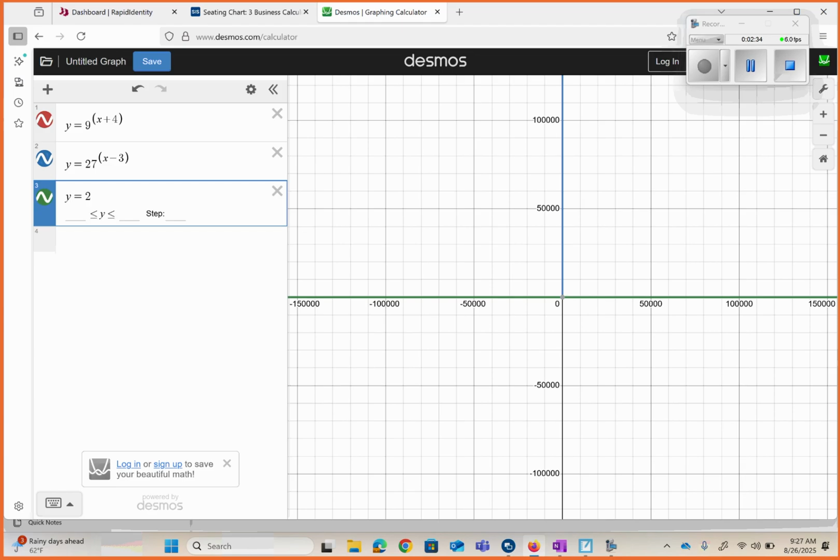If this doesn't work, then another way to try it is to graph both of these as one equation. So you have to make one of them negative. It doesn't really matter which one's negative. Oops, forgot the parentheses, sorry. And we don't need the x. So if I made this one positive, then I'm going to subtract the 9 to the x plus 4.